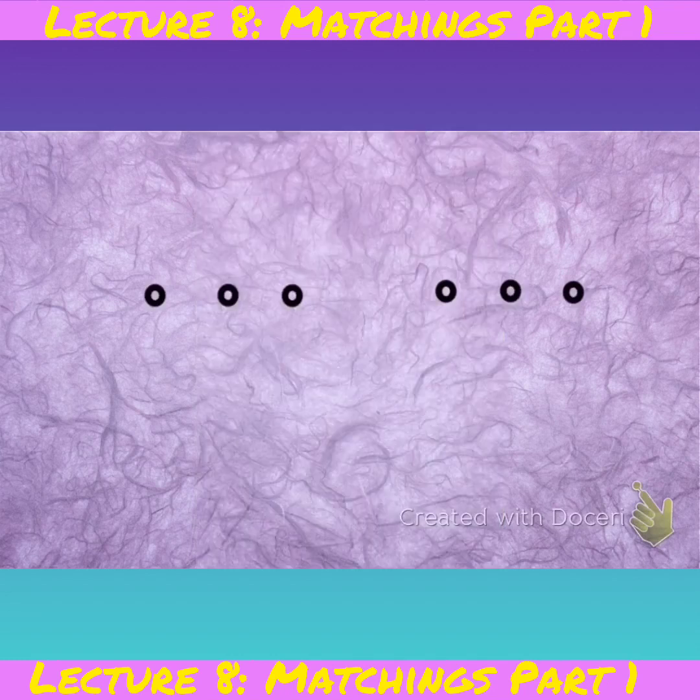If we look at the path, let's say your blue matching is M1, and your red matching is M2.